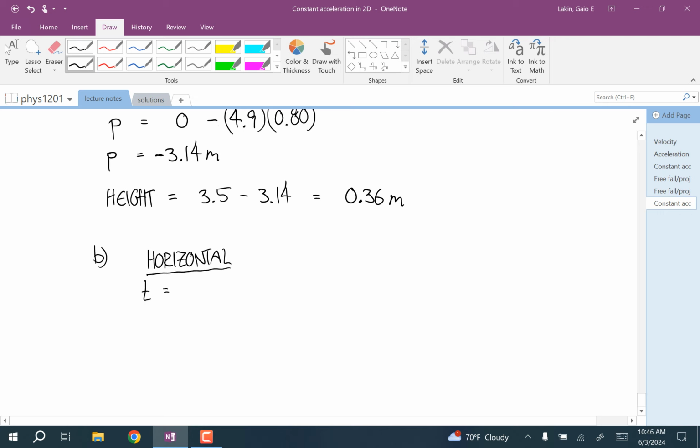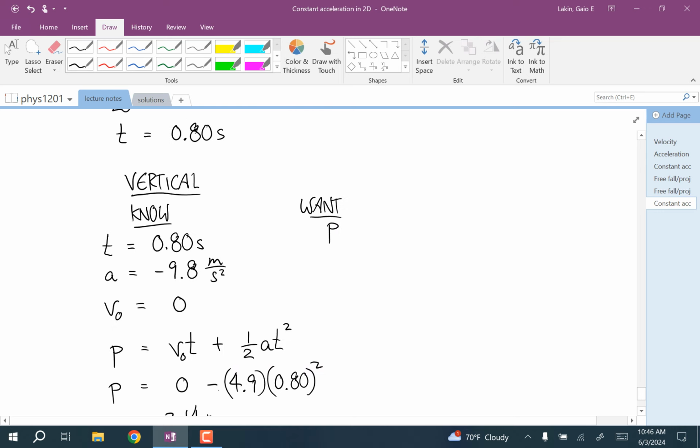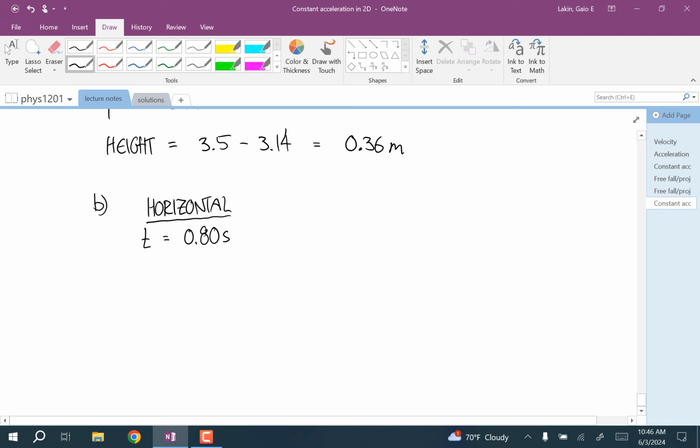Our t is equal to 0.80 seconds. Our A for horizontal is 0. Our V sub 0 horizontally is 25 meters per second.